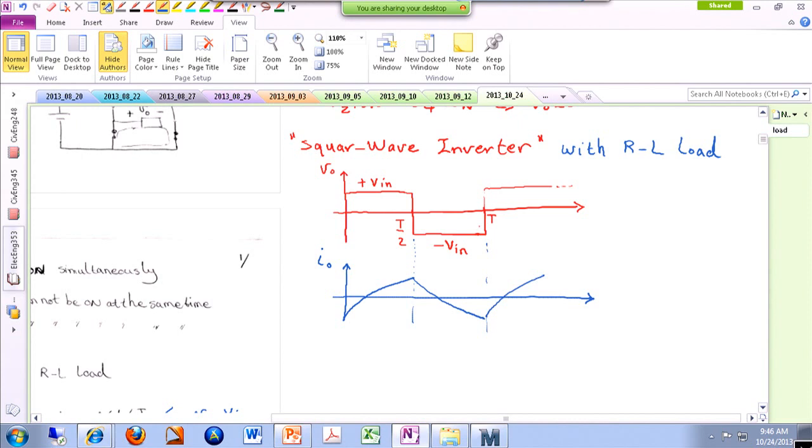It's like this. It's not really triangular. These are exponential terms. So please pay attention. This is not a straight line. There is a little bit of a curve to it. This one as well.